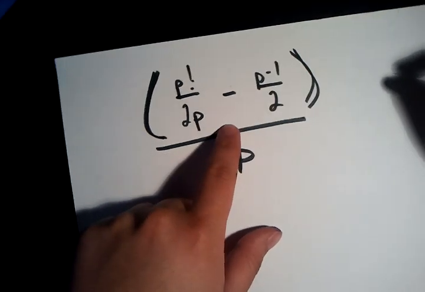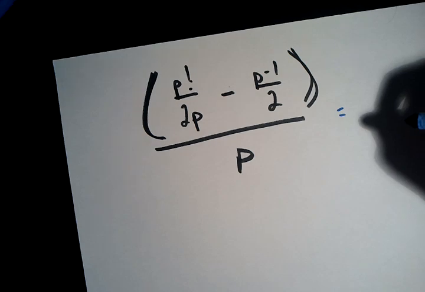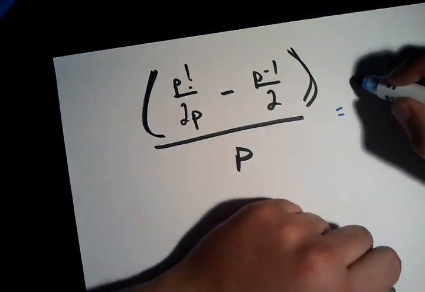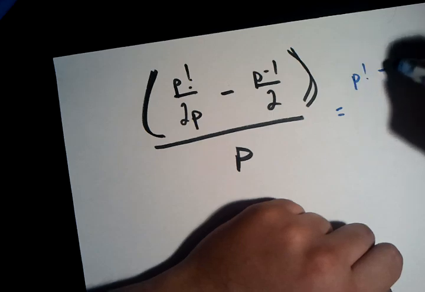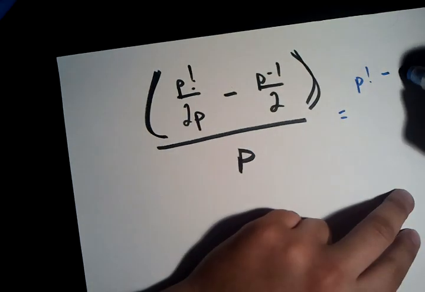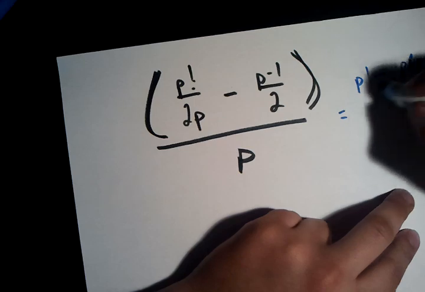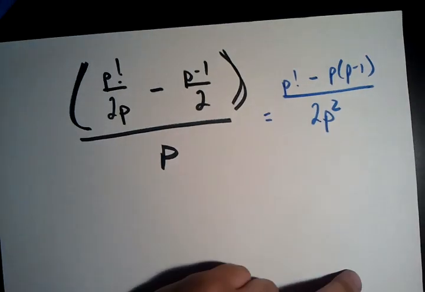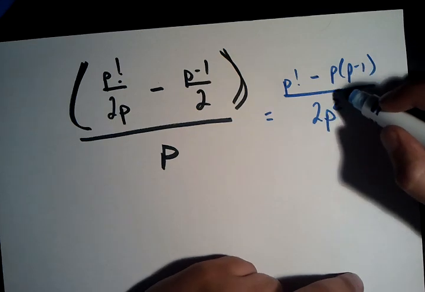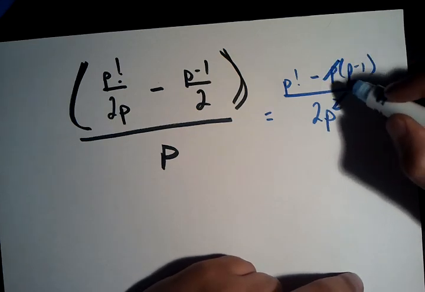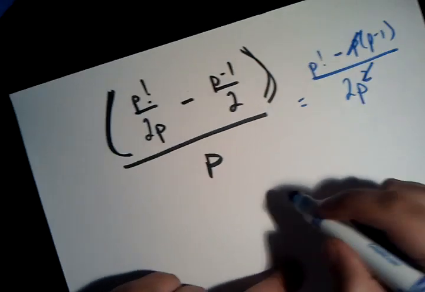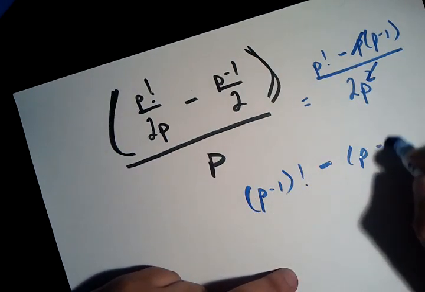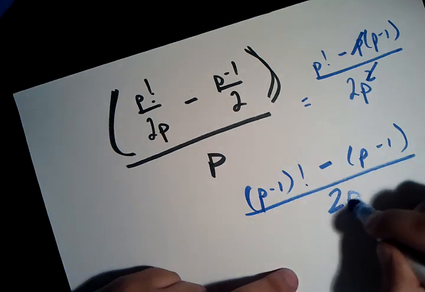Now we're going to clean this up a little bit and find a common denominator up here. We get p factorial minus, multiplying each of these by p times p minus 1 over 2p squared, incorporating this p. Now we're going to take out a p from everything. If we take out a p from here and p from here, we get p minus 1 factorial minus p minus 1 over 2p.